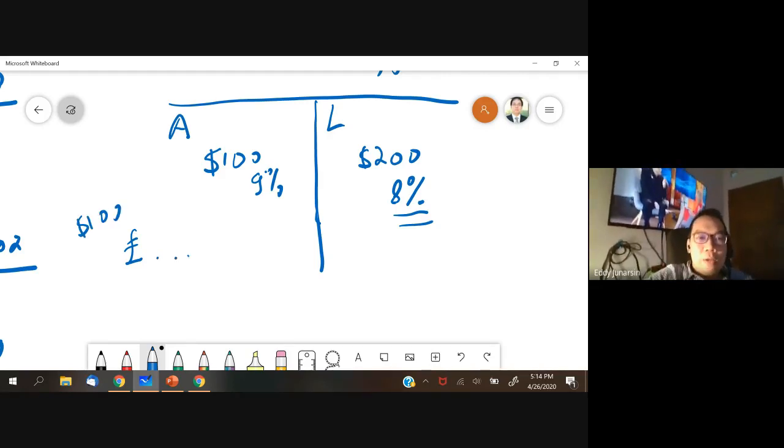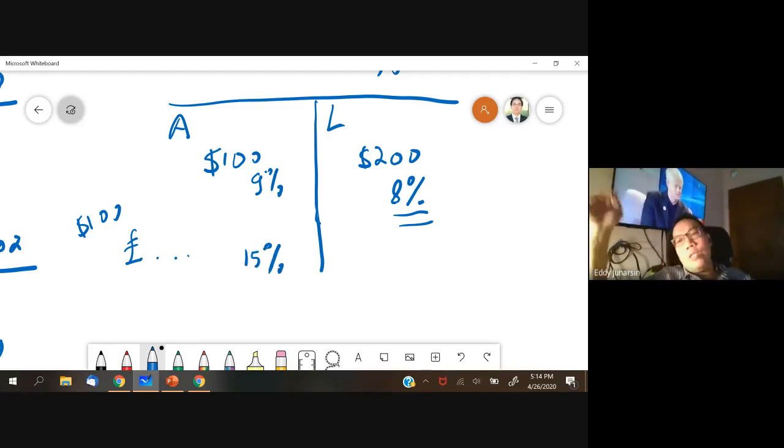We'll find out later how much that is. And you are expected to get 15%. So you see, the spread is really handsome, right? 15% compared to 9% in the domestic market. That's why you go there.